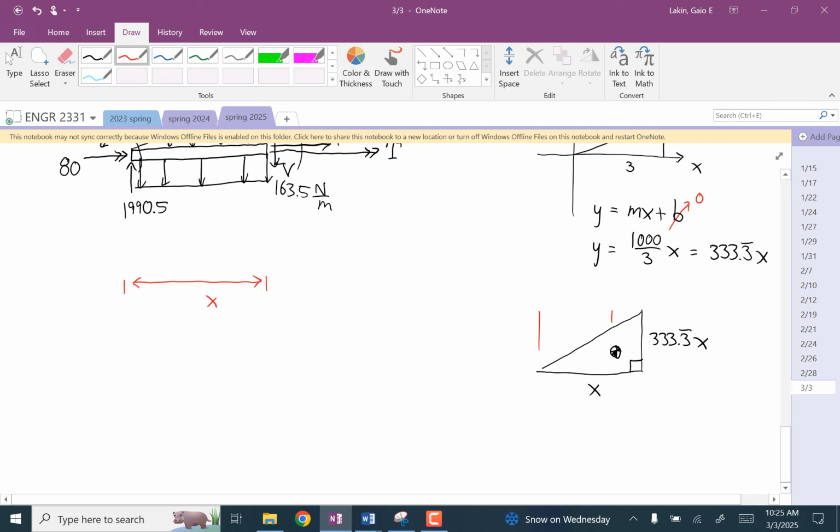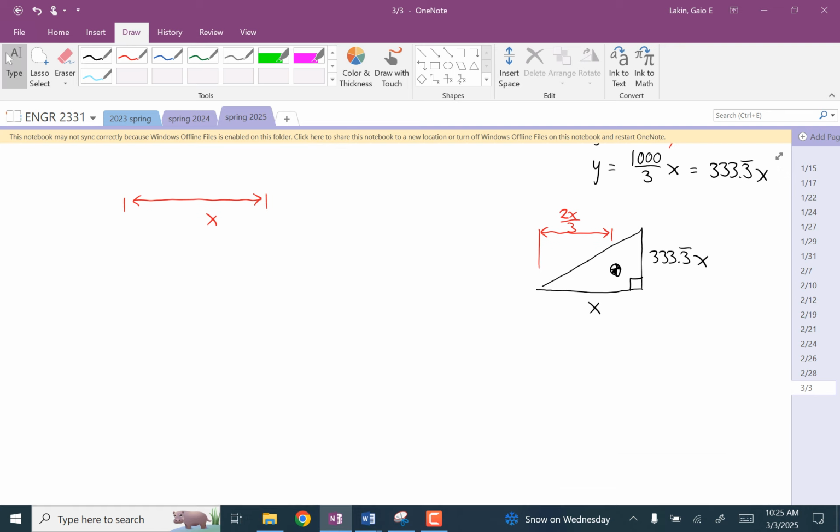So this distance is 2x over 3. And the area is 333.3 repeating x times x over 2. So that's 166.6 repeating x squared. So that A is going to be our equivalent point force. The 2x over 3 tells us where it's going to act.